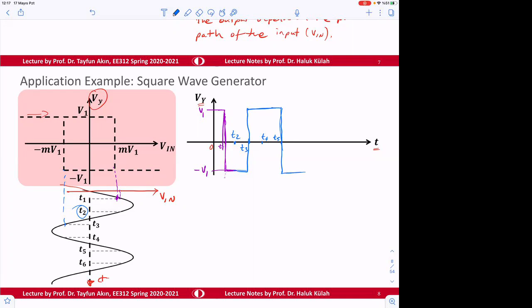This is normally, I mean, not very interesting, but we can obtain a square wave signal. Okay. So this is a square wave signal generated.